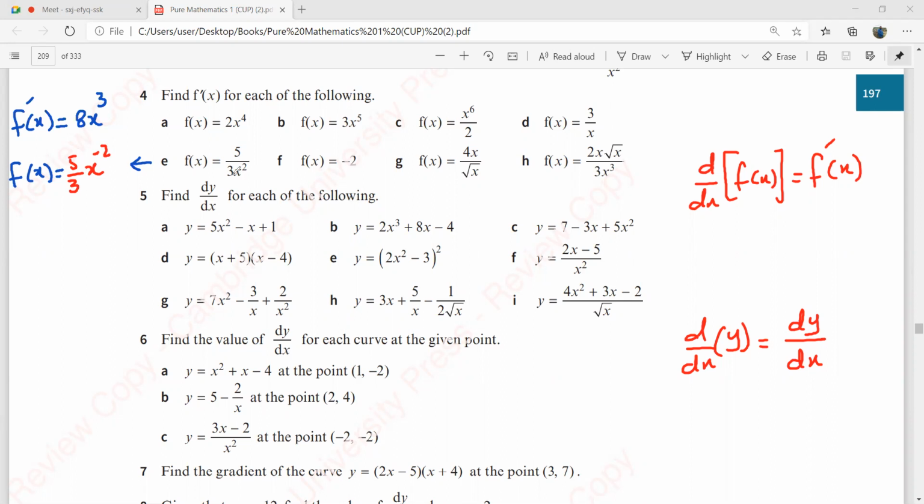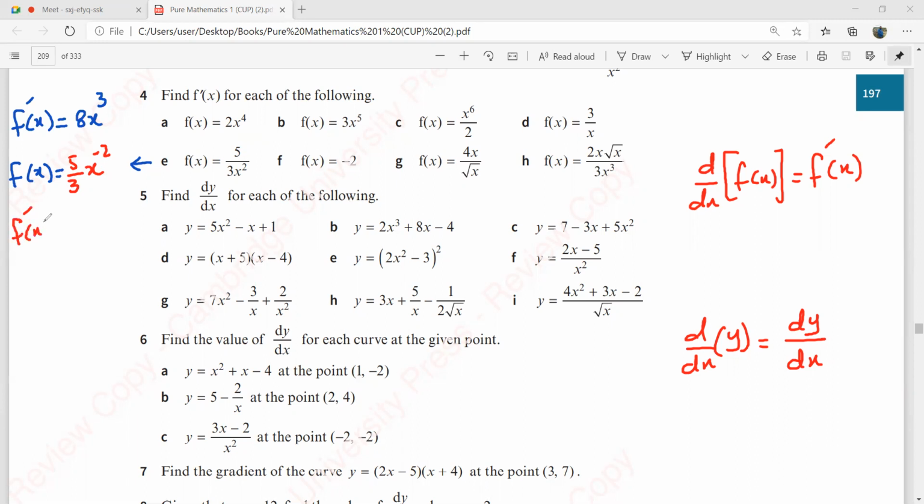And I don't need to move this 3 up here. This is a very common mistake. People move the numbers. I just need to move this x squared to the numerator. So now this becomes f of x equal to 5 over 3 x raised to power minus 2. Now we are ready for the differentiation.